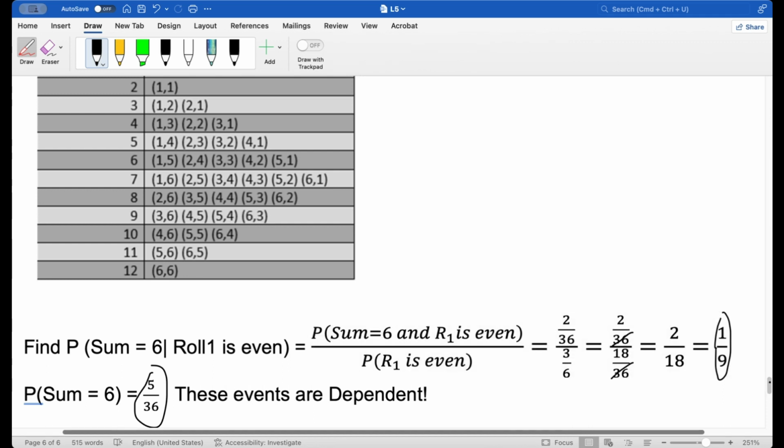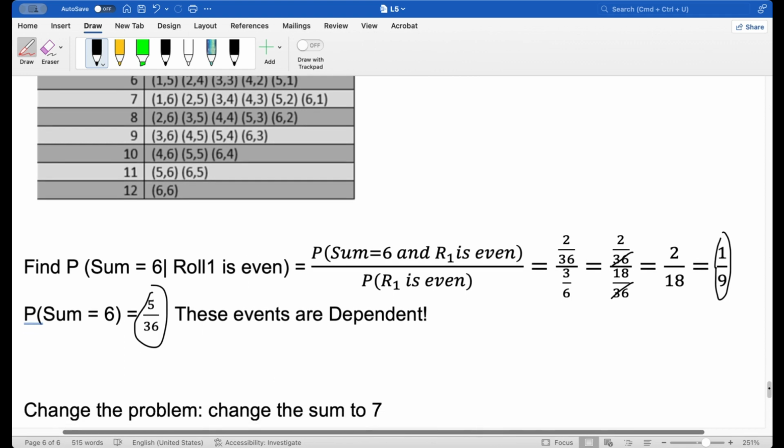The probability went down ever so slightly: 1 out of 9 is 4 out of 36 instead of 5 out of 36. Now, if we change the sum to 7 instead, interestingly enough, the events are independent.